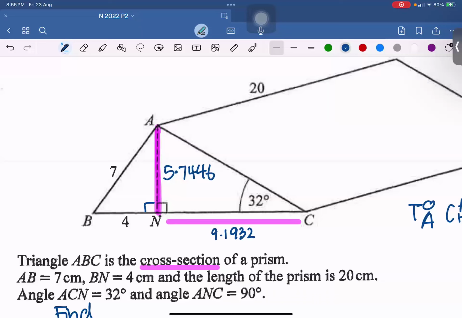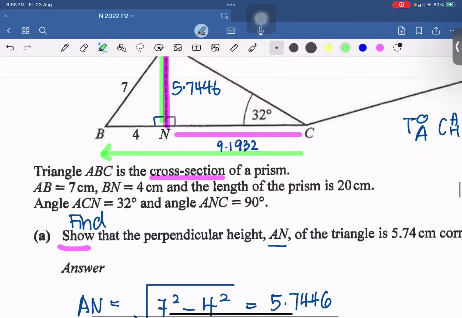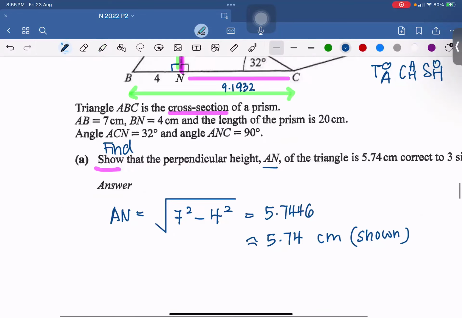9.1932. Yay. After I found this, then I can take the area of my triangle by taking half times base times the height. So what is the length of the whole base? Add together. Yeah, correct. BC base.